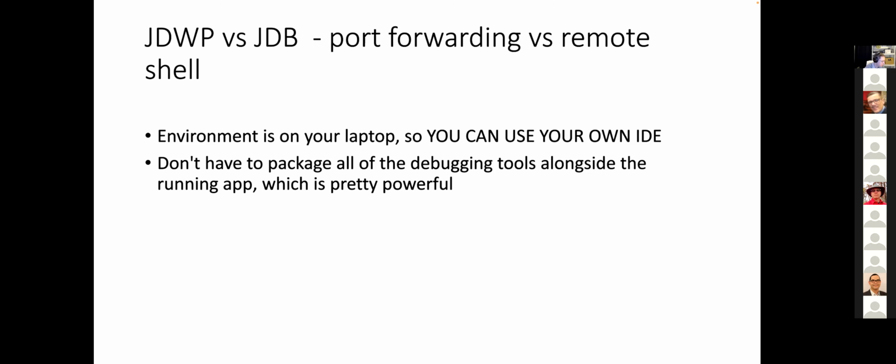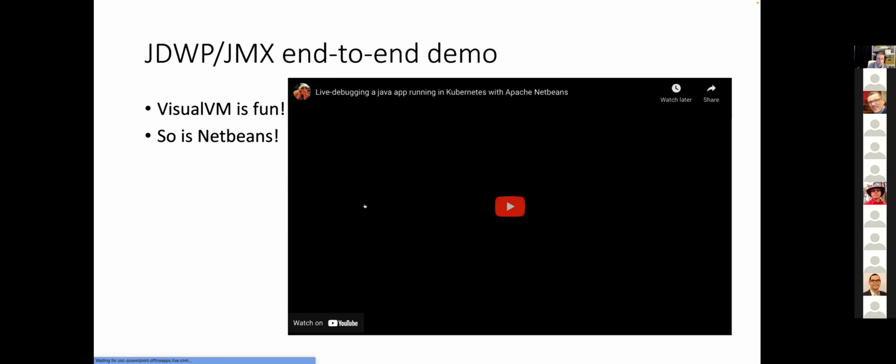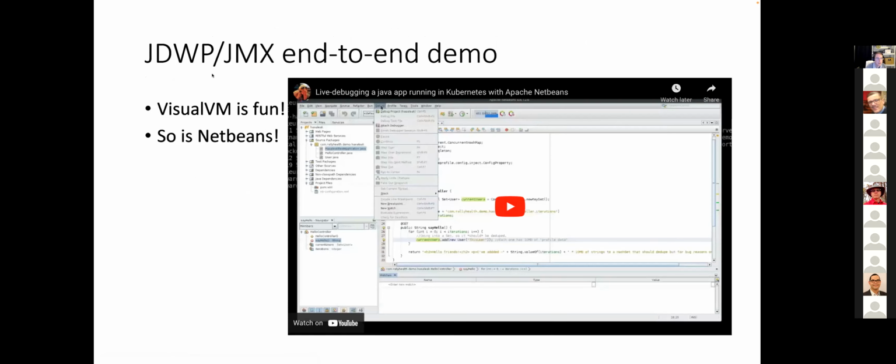You don't have to package Eclipse or NetBeans or whatever, or even Vim and JDB, which is all really, really powerful. It lets you have a really complex and interesting toolkit on your local laptop, but you don't have to have that installed in production, and you can still do a bunch of the same debugging stuff that you're used to. So let's take a look at that.